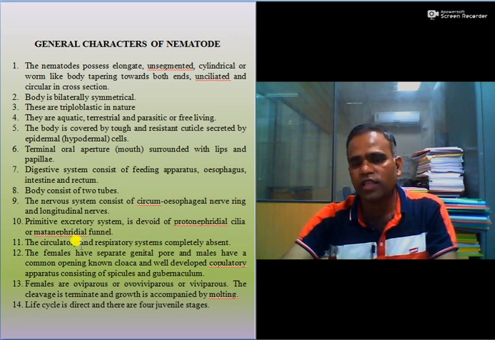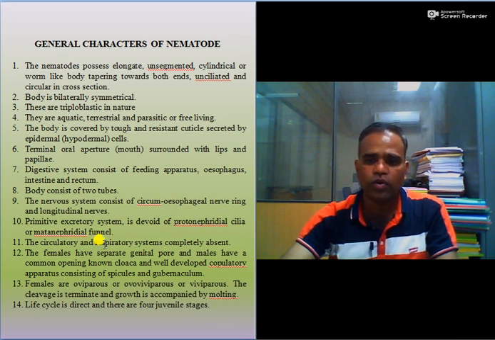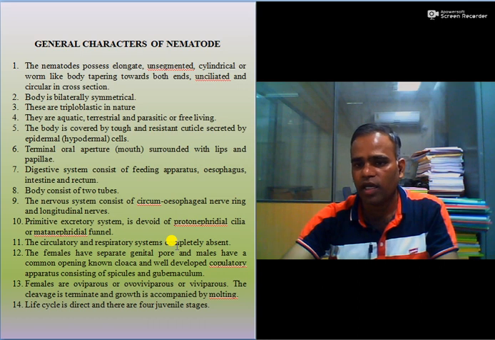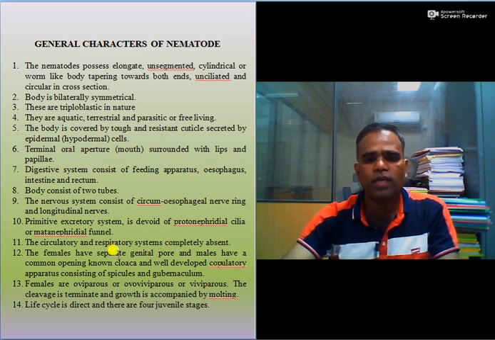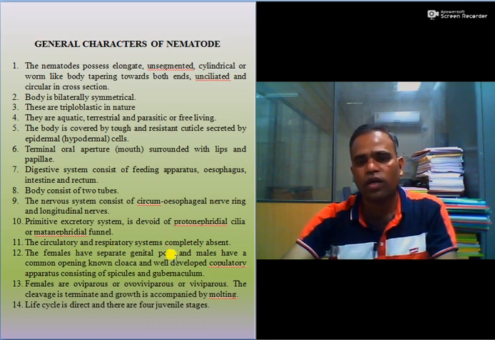The circulatory system we have not seen, as well as the respiratory system we have not seen. So the circulatory and respiratory systems are completely absent in the nematode. The females have a separate genital pore and males have a common opening known as cloaca and well developed copulatory apparatus which is called spicule and gubernaculum.